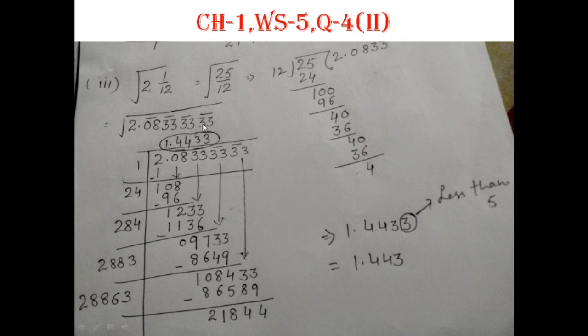I have written 3 many times. I made 4 pairs, 1, 2, 3, 4. I have already told you that in this question we have to find the square root up to 3 decimal places. So I took 4 pairs. Now solve the sum with the long division method.